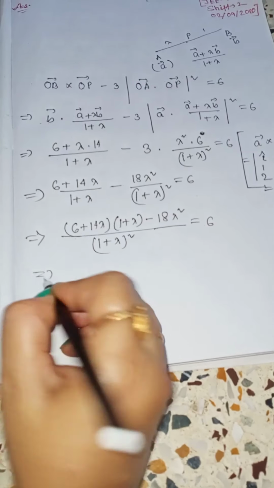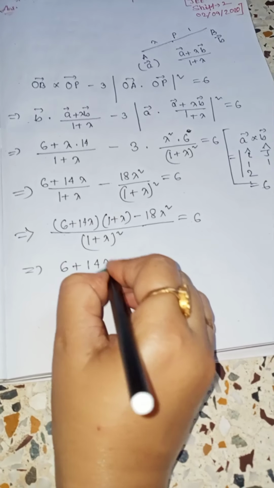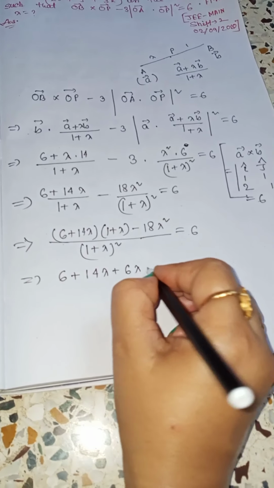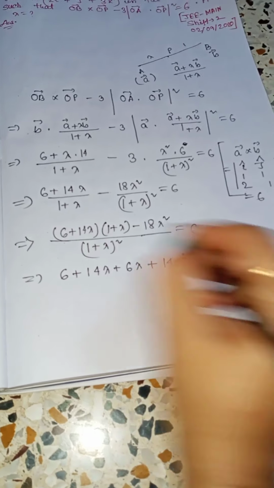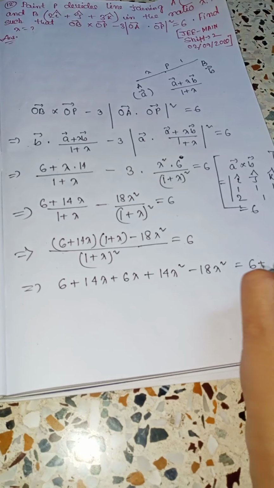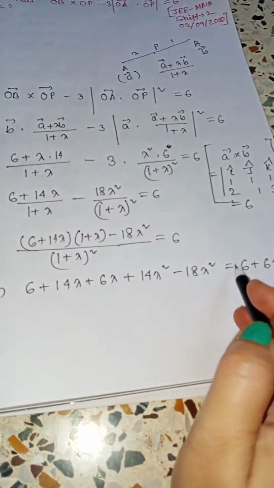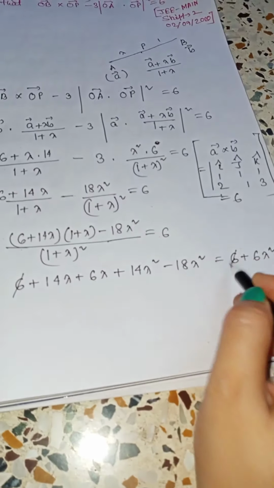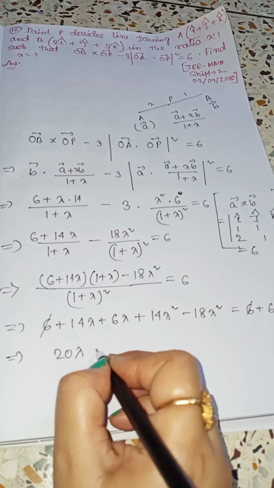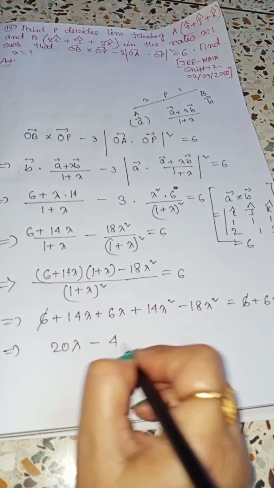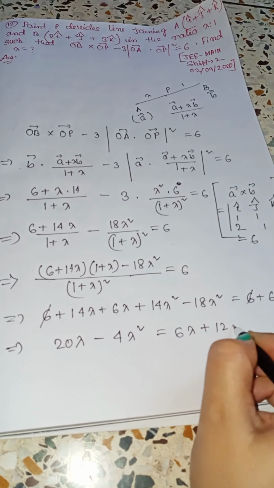So that implies, on multiplying, 6 plus 14 lambda plus 6 lambda plus 14 lambda square minus 18 lambda square is equal to 6 plus 6 lambda square plus 12 of lambda. So 6 and 6 are cancelled off here, and it becomes 20 lambda minus 4 lambda square is equal to 6 lambda square plus 12 lambda.